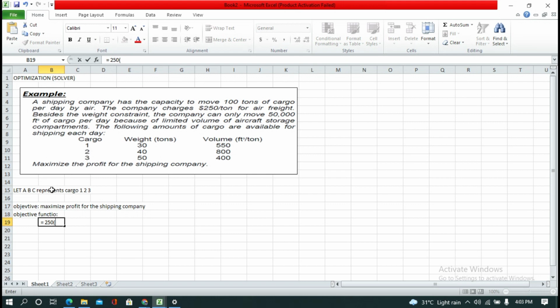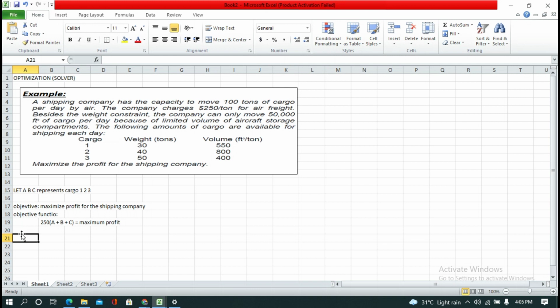So we let A plus B plus C be equal to the maximum profit. So this is our function in here. This is our objective function.